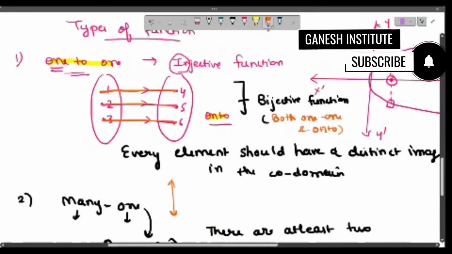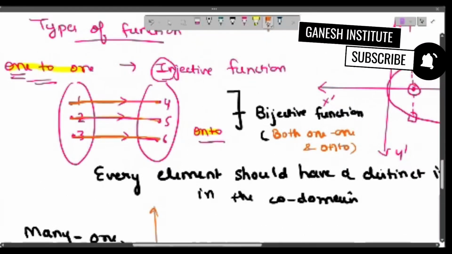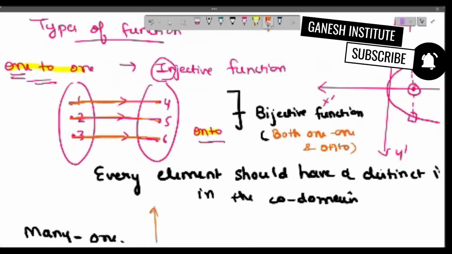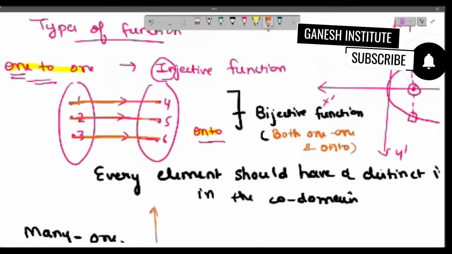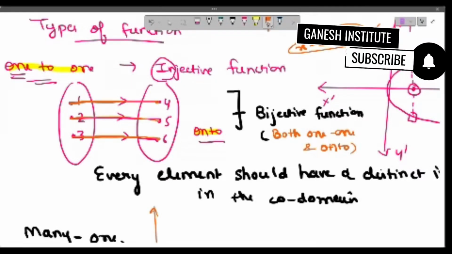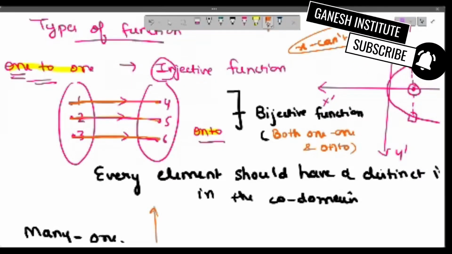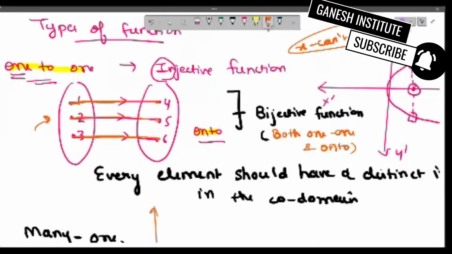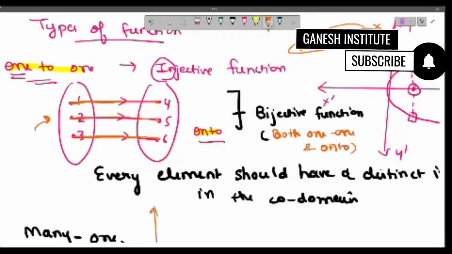One-one is something when you are not repeating. Of course, x cannot be repeated to be a function. We are talking about y. So if y is not getting repeated for various x, then we will call it one-to-one.